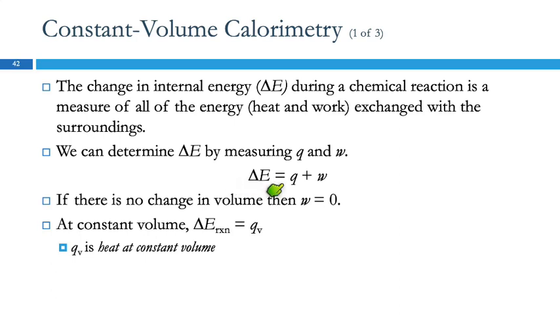So delta E is Q plus W. If we keep everything at a constant volume, we don't allow the volume to change, then W becomes 0, because W is negative P delta V. And if this is 0, then W is 0. And then we end up with the change in internal energy for the chemical reaction being equal to the heat at constant volume.